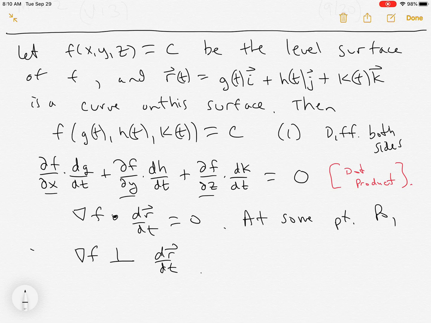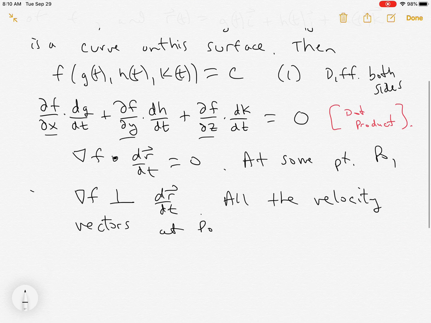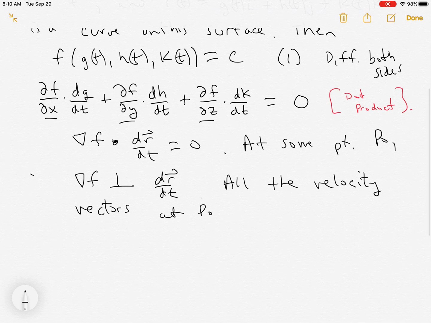So this says that all the velocity vectors, all the dr dt, at P naught are normal to del f. And if you take all the lines, you get a plane.